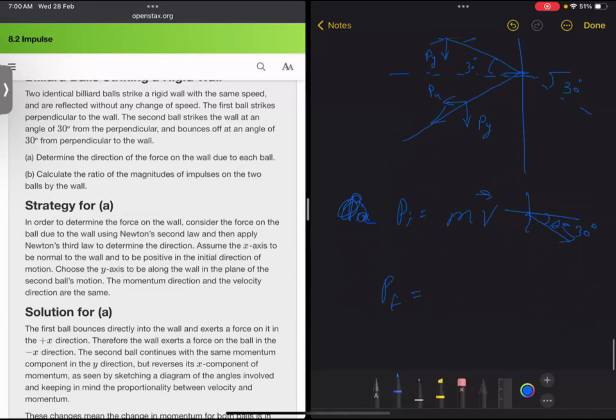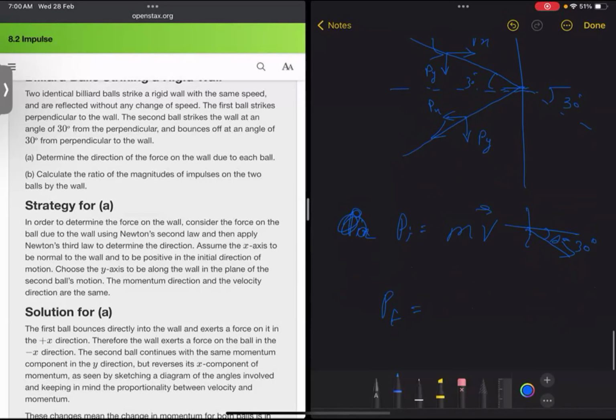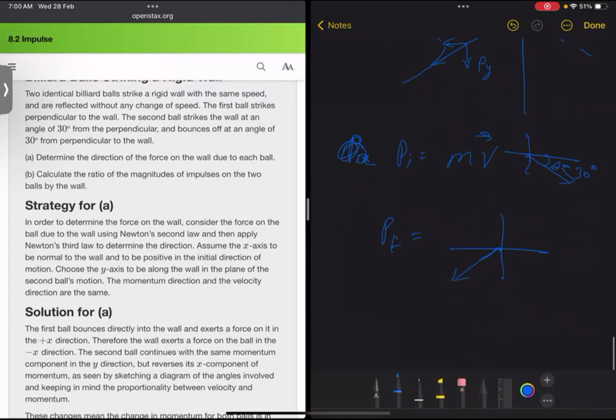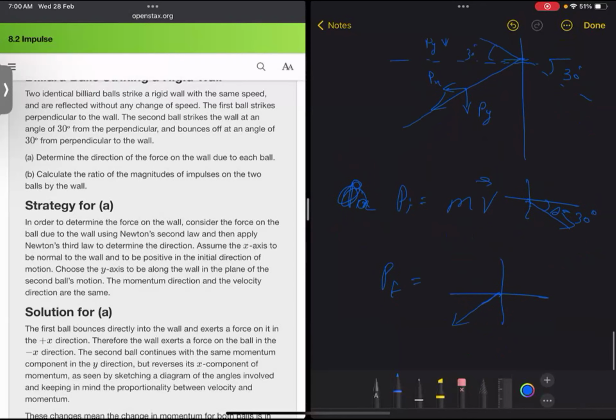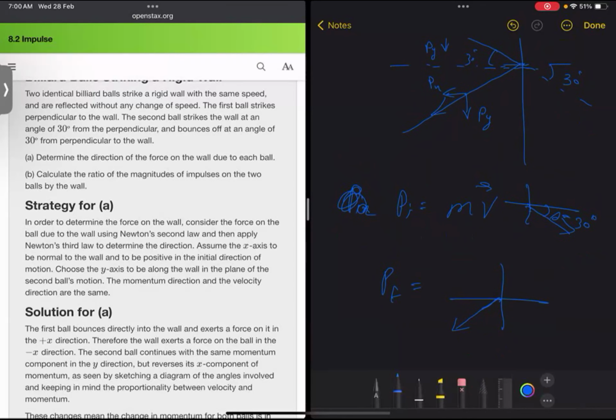And what is the final momentum? The final momentum is in this direction. What is the direction of the final momentum? It is negative. You can just do this using the concept of vectors, which will make things easier.